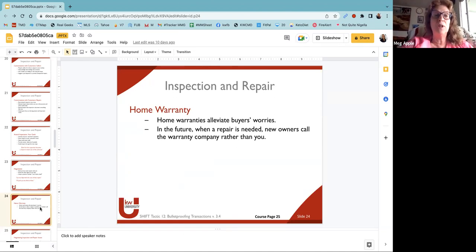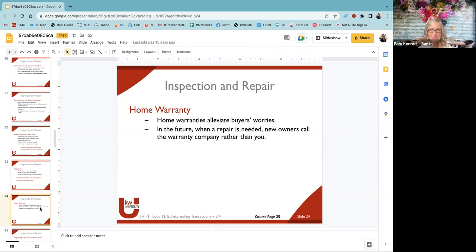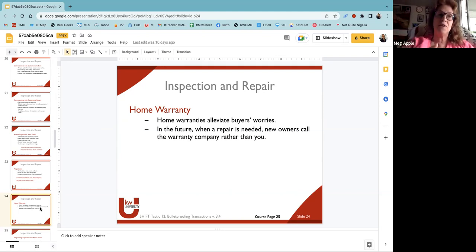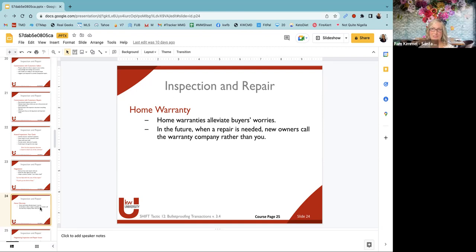And just the relief for me to be able to say, well, you've got a home warranty. They will take care of everything. Right. And then that buyer turned around, became a seller and another buyer. But if I hadn't had that home warranty, it could have stopped any future business. Yeah, no, exactly.